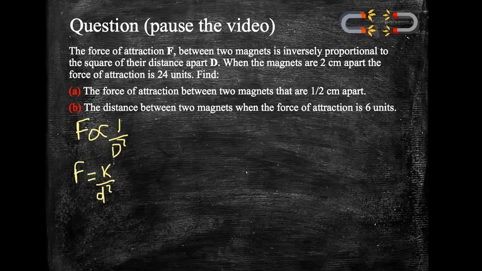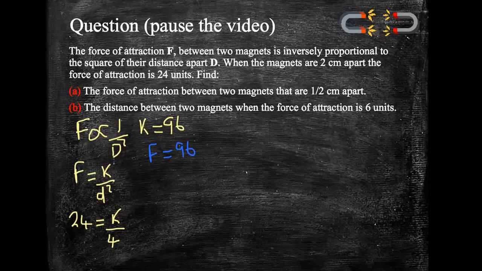The force is 24 units, so 24 equals k over d squared, so that's going to be 4. Multiply these up, so k equals 24 times 4 is 96. So my new formula is F equals 96 over d squared.